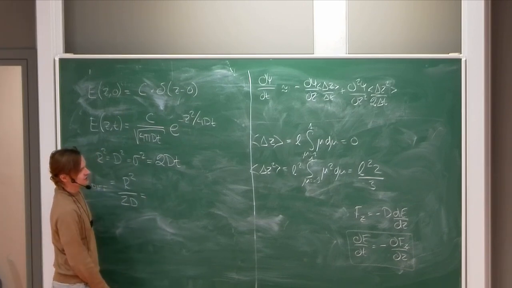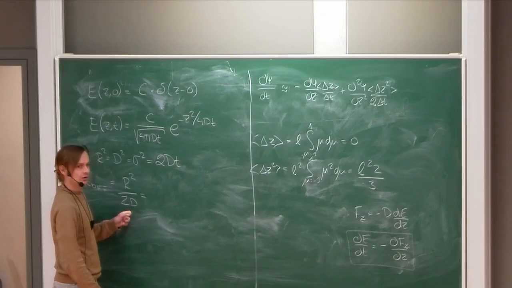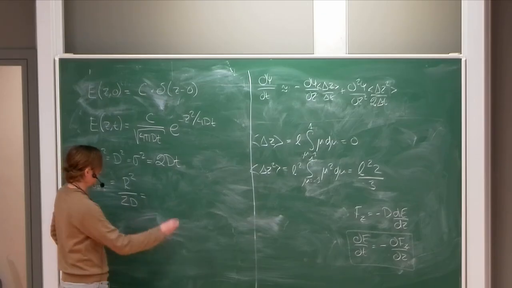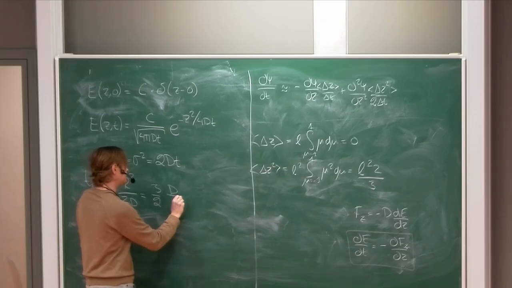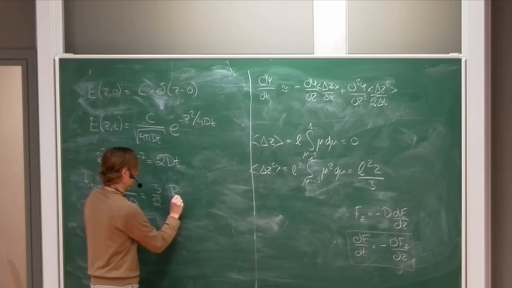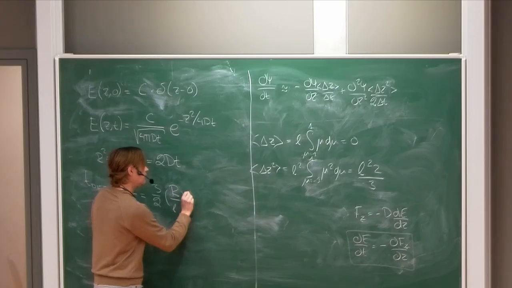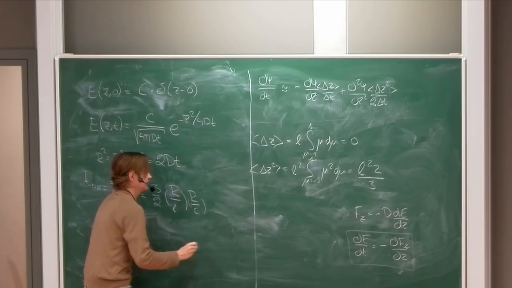And the diffusion coefficient, we know what it is now. It's Lc divided by 3. So here we get 3/2 times r squared over L c.